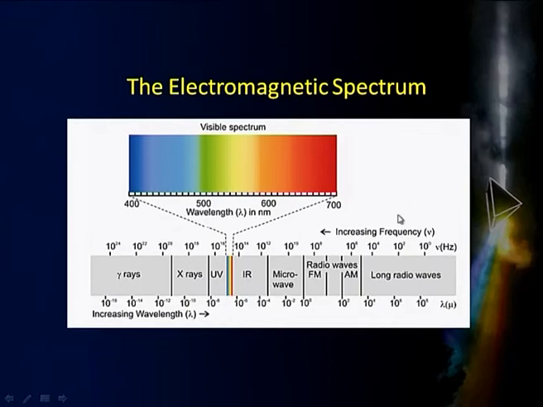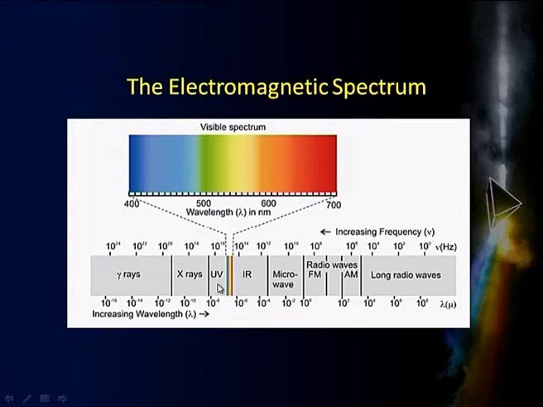Then next comes infrared radiation, and then this small portion, these two lines here, which has been expanded here, is the visible part, the whole range of colors we see, the rainbow. This is just a small bit of the whole wide range of spectrum we have.